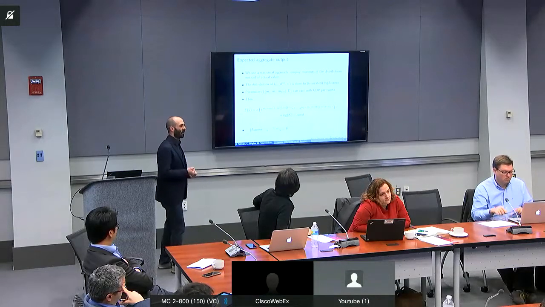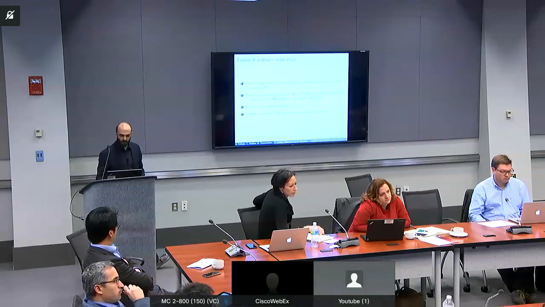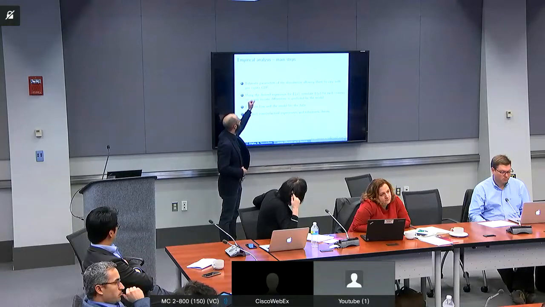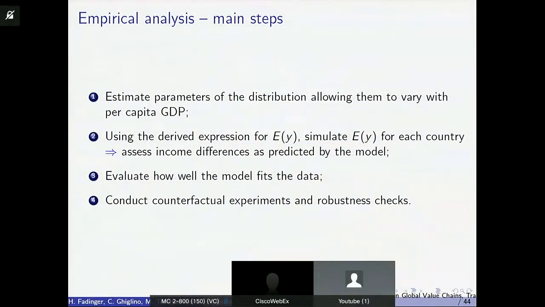So if we have estimates for these parameter values, then we can simulate what predicted income is going to be for each country, right? So what we're going to do is estimate the parameters of this joint distribution, allowing them to vary with income per capita.